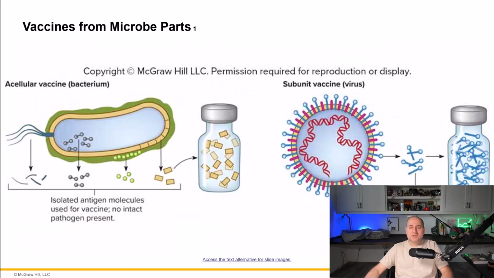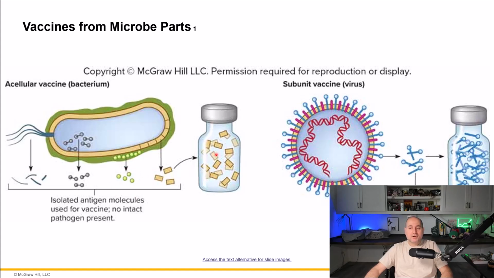And again, some vaccines come from parts of a pathogen. So, for instance, you could have a vaccine which is made up of the flagella of a bacteria, or specific proteins from inside the bacteria, or the cell wall of the bacteria, or the outer membrane of the bacteria, right?